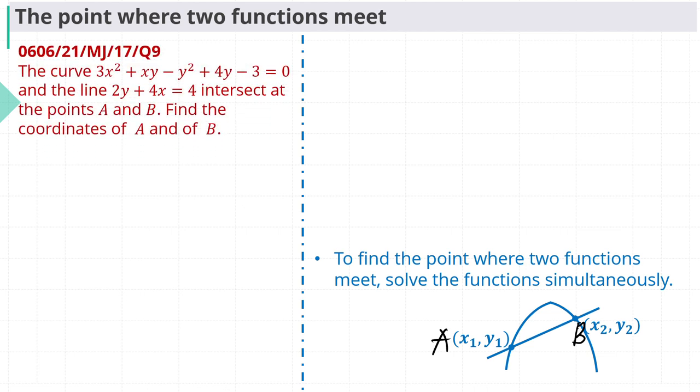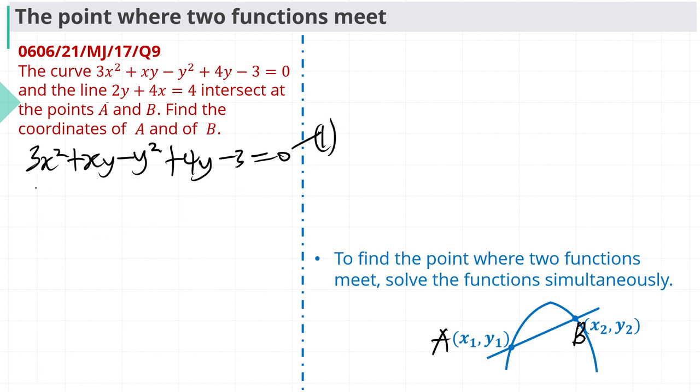Let's have an example here. The question says that a curve 3x² + sy − y² + 4y − 3 = 0 intersects a line. So let's name this one equation 1, and we have a line 2y + 4s = 4.